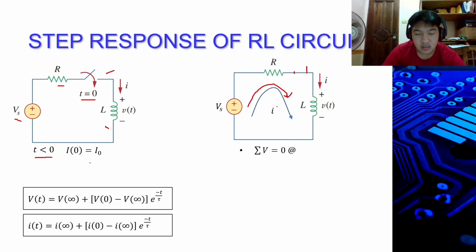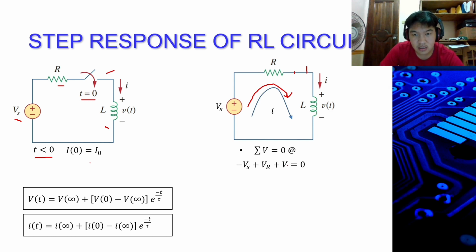Okay. So summation of V is equal to 0 at this loop. So negative Vs plus VR plus V nga inductor nato.